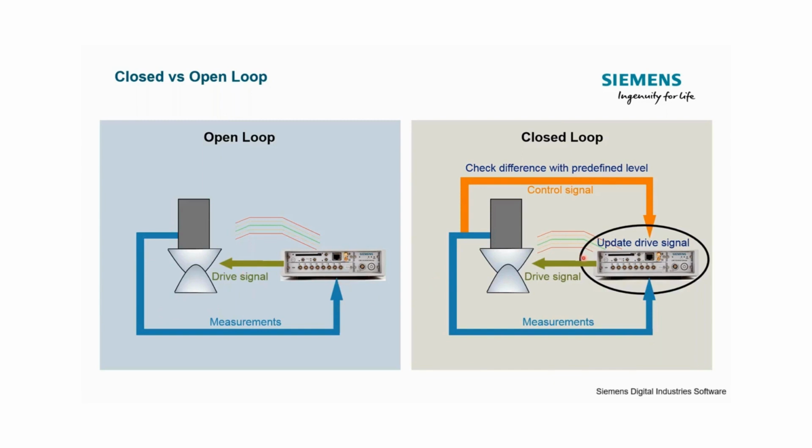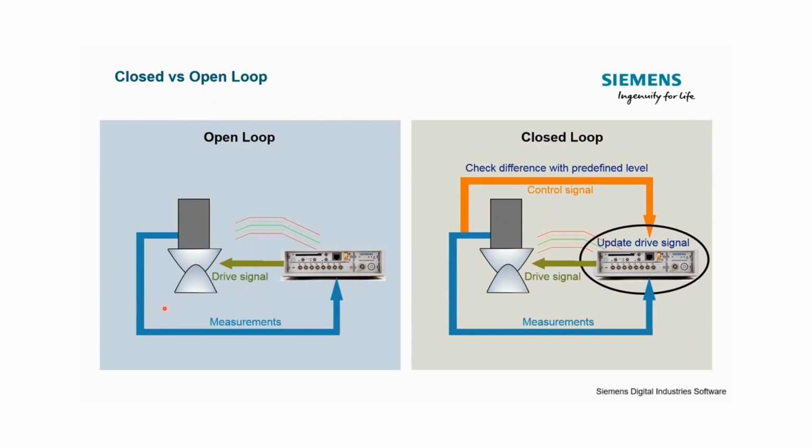In the closed loop control, we're outputting a signal, and then we're going to check that that output is actually matching our profile. If it's not matching our profile, we'll update that drive signal and then adjust to make sure that our output is matching our desired test profile. So there's a level of feedback in closed loop control that we're not getting in open loop control.